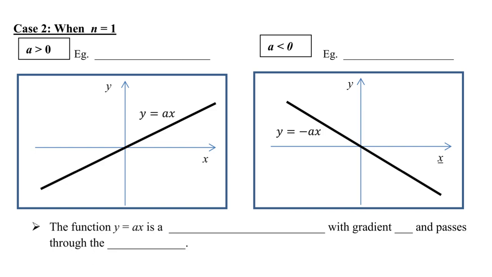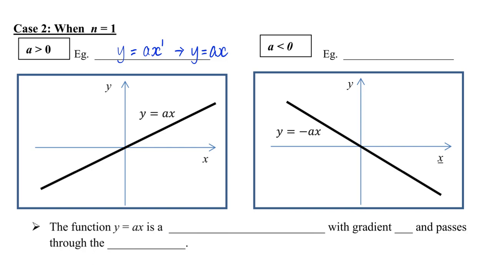So the example will include y equals ax, because x to the power of n where n is 1 means y equals ax.